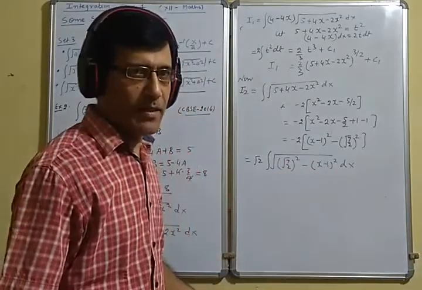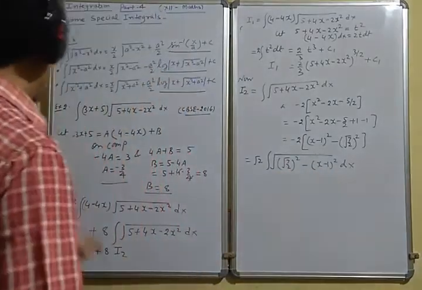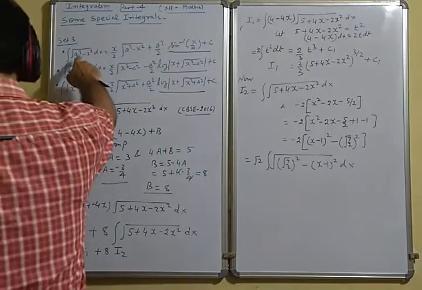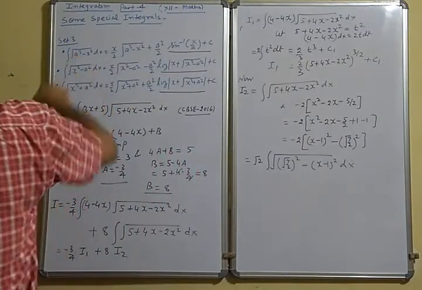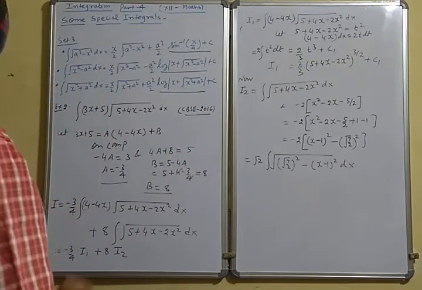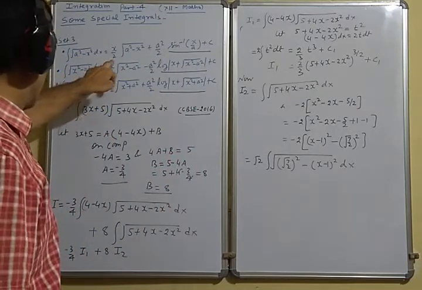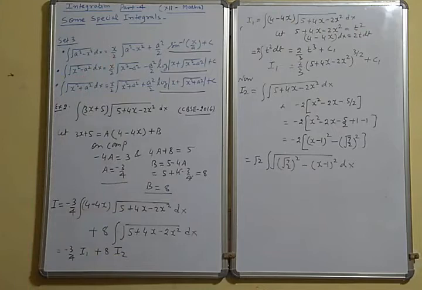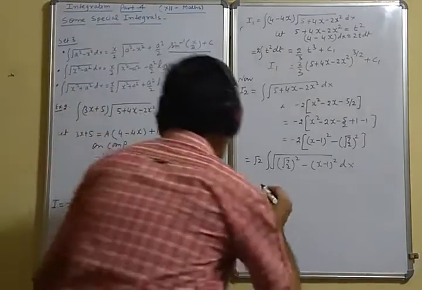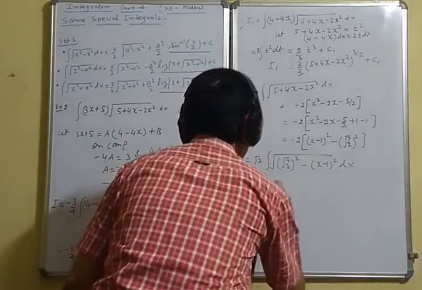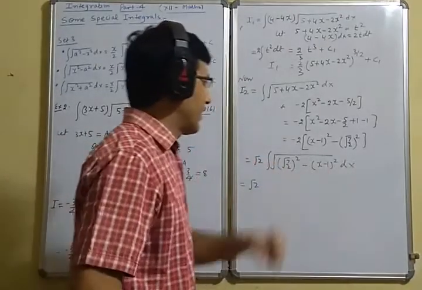Now we will apply the formula for square root of a square minus x square: x by 2 under root a square minus x square plus a square by 2 sin inverse x by a plus c. So that is root 2 times this.